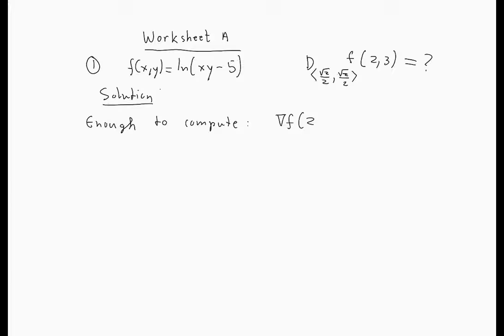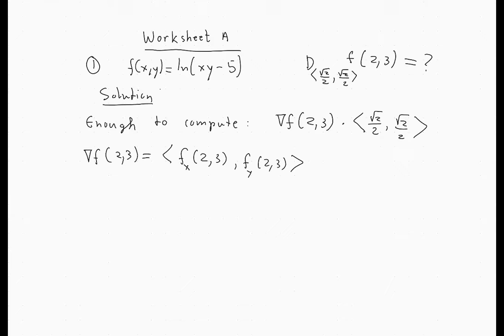That's what we want to compute. So the question is, what is the gradient? And we know by definition that the gradient is the vector whose components are the partial derivatives at the point under question. So let's find those partial derivatives.